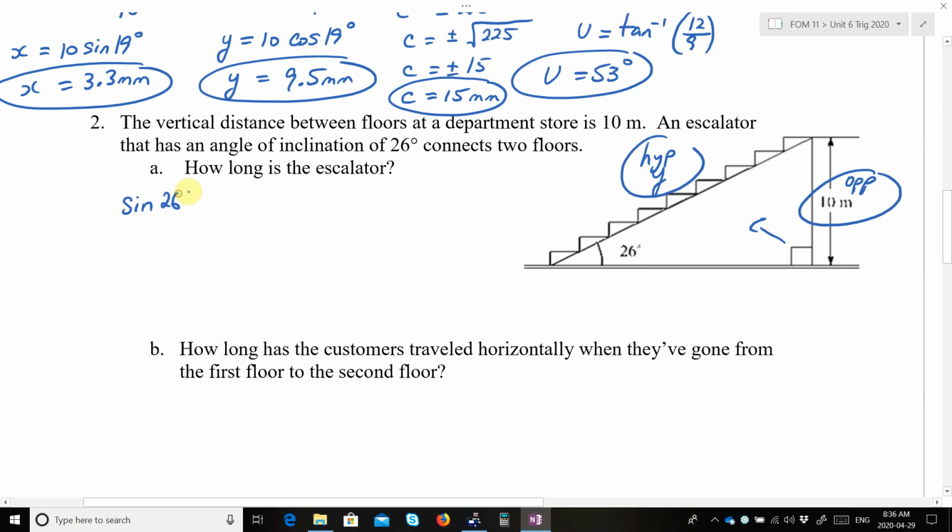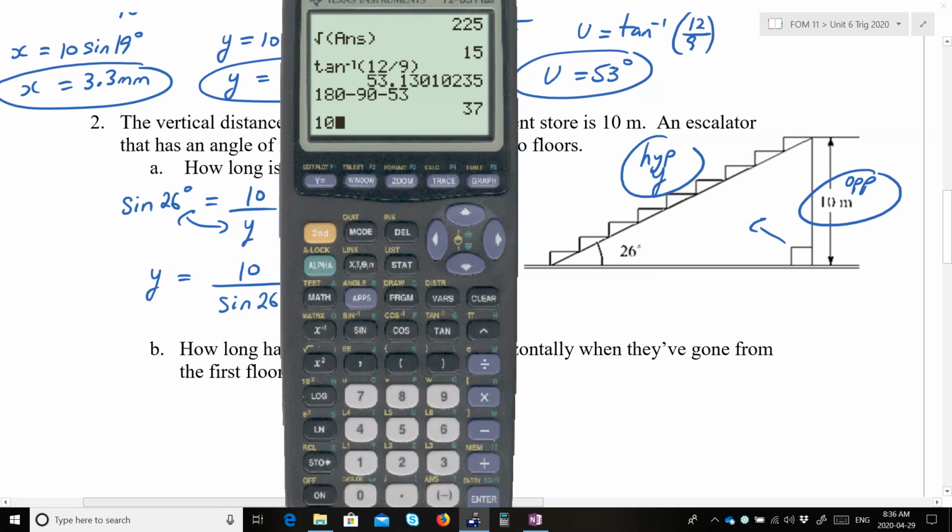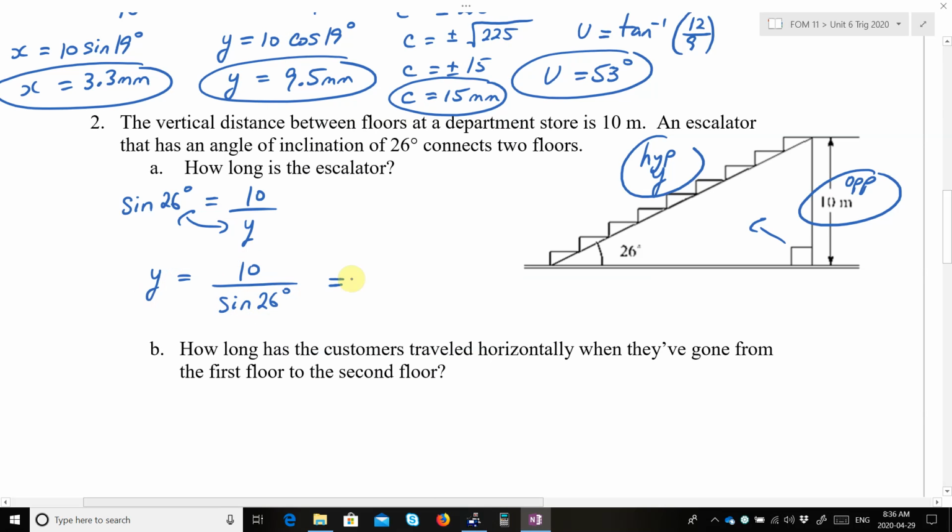So sine of 26 degrees is equal to the opposite, 10, divided by the hypotenuse, y. And those guys end up switching. Y equals 10 divided by sine 26, which is 22.8, and that's going to be meters.